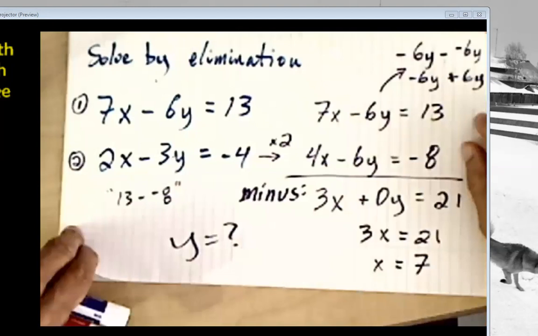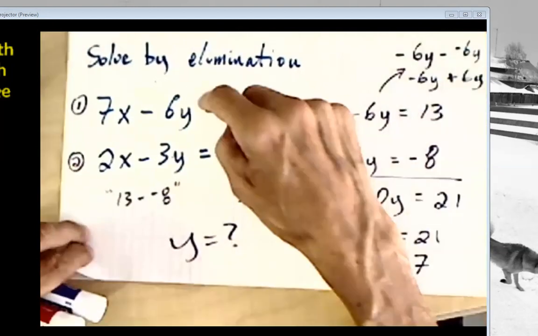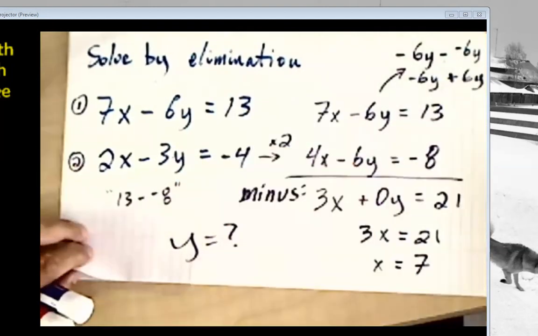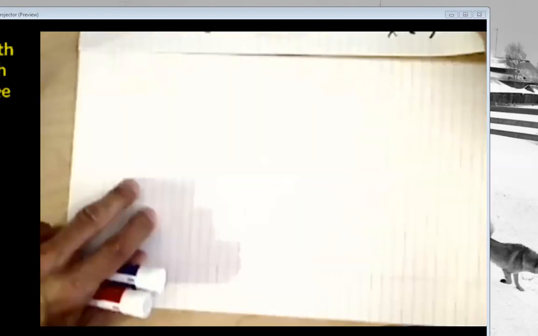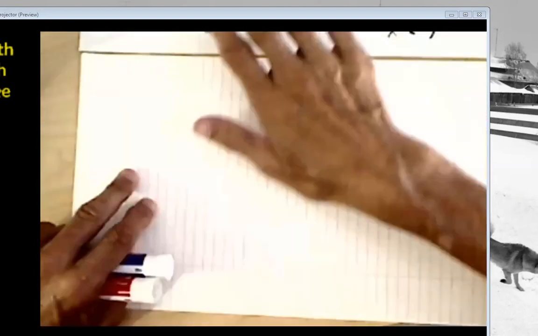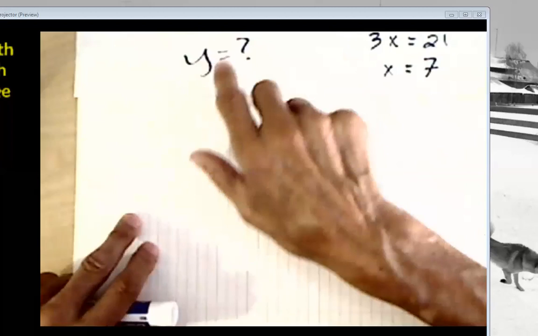So notice here, I don't know which equation is nicer than the other. Which one would you like to use? Second one? Sure. We'll use the second equation to solve for y.